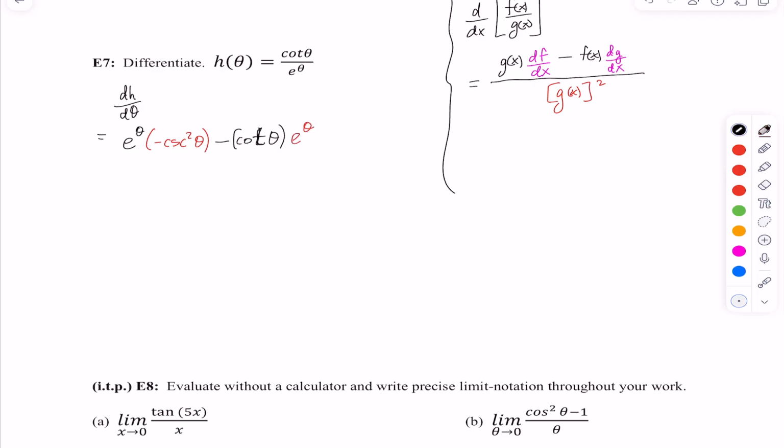Now remember, in the quotient rule, you never expand the denominator. There is no reason to expand it. But in this case, it's just a simple simplification.